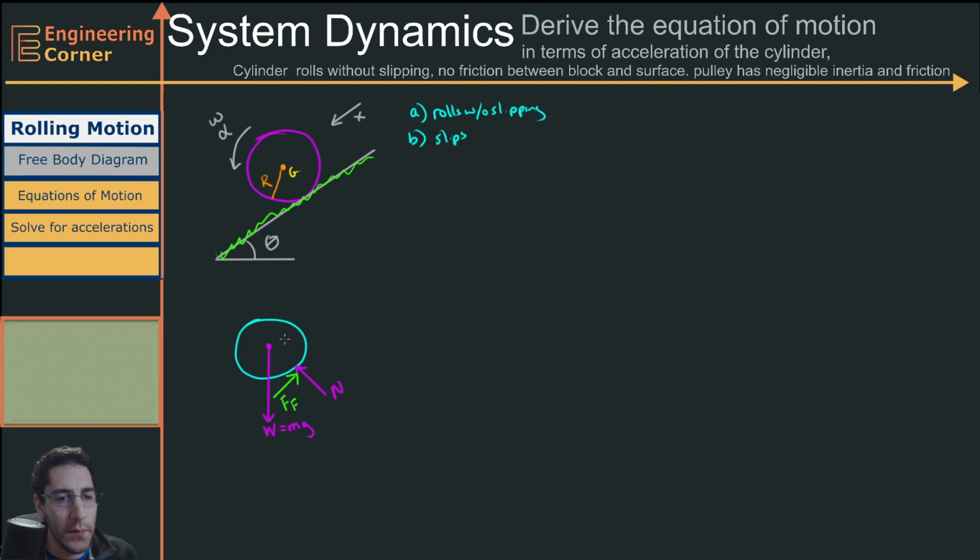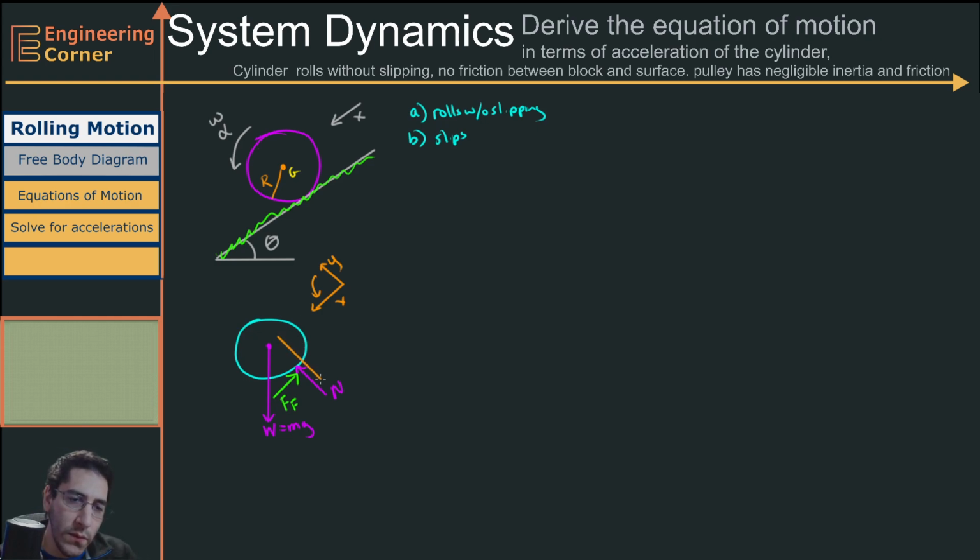Now I'm also going to break up my weight into x and y components. X going down this way, y we can say is going up this way. And we'll say that's positive, so this is going to make sure that my angular acceleration matches up with the acceleration of my center of gravity.